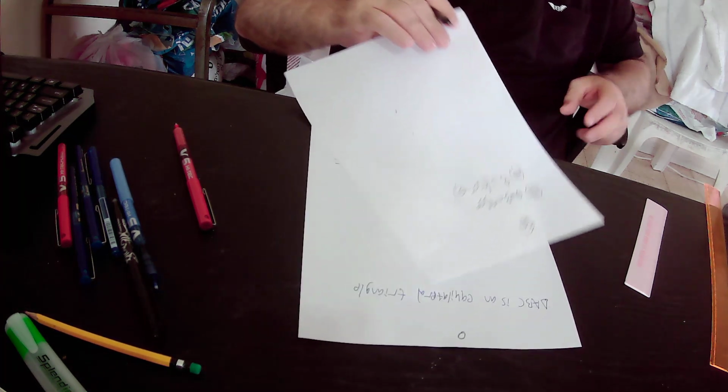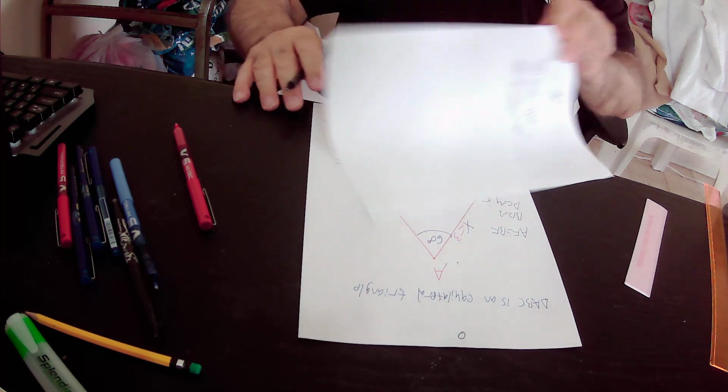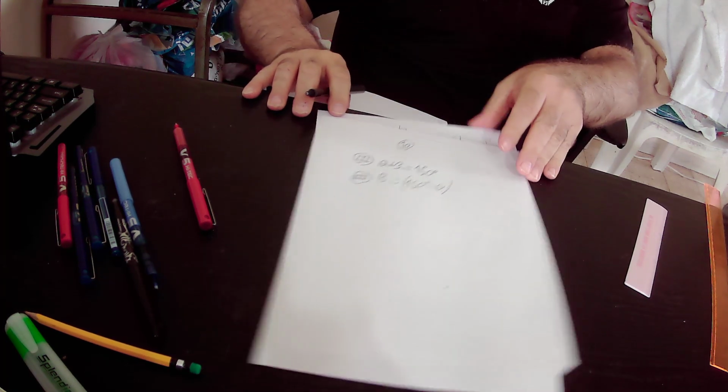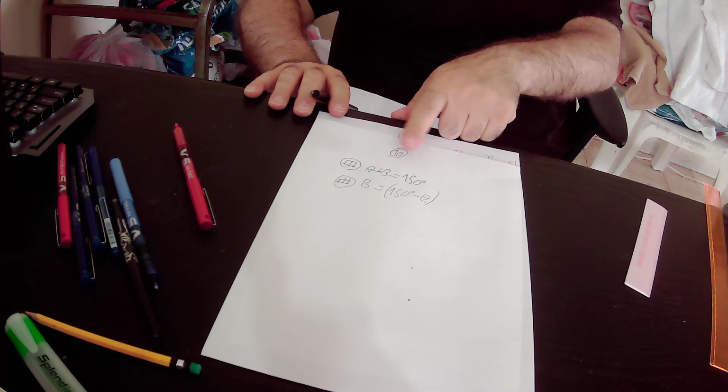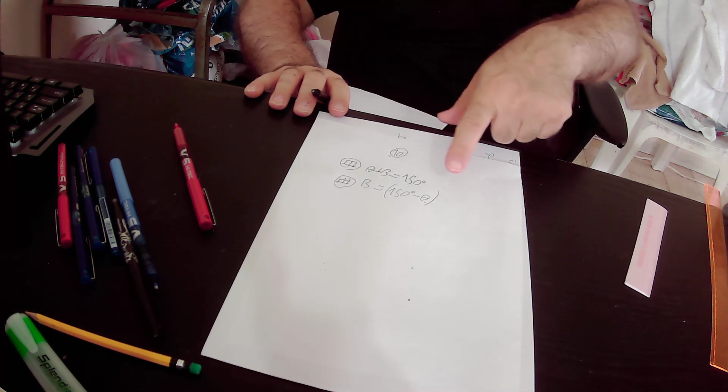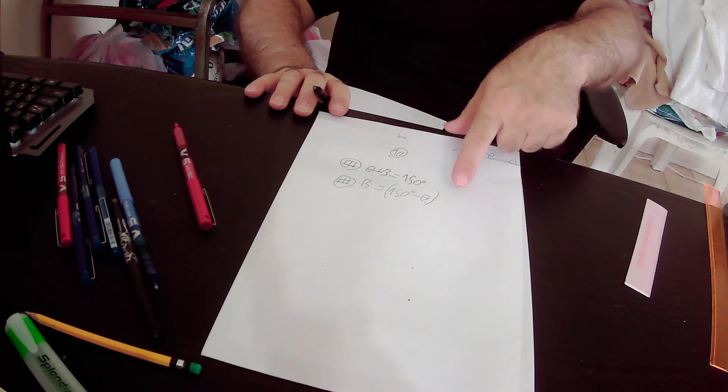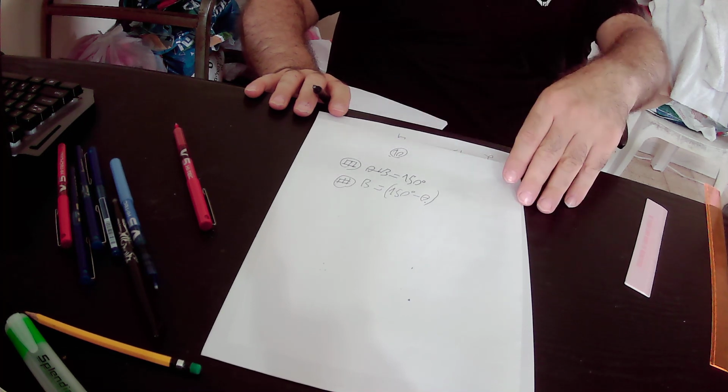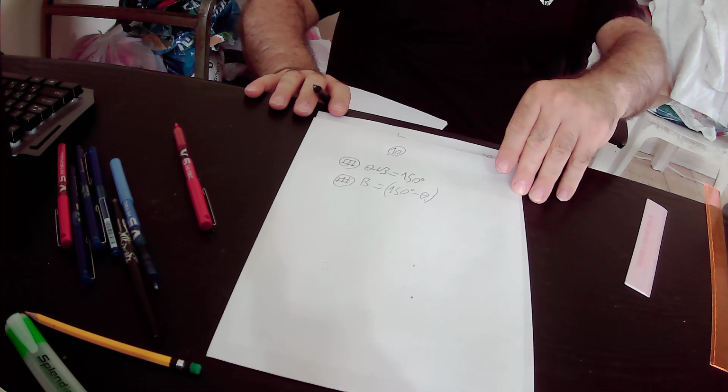Okay, we subtracted theta, and we got that beta equals 150 degrees minus theta.